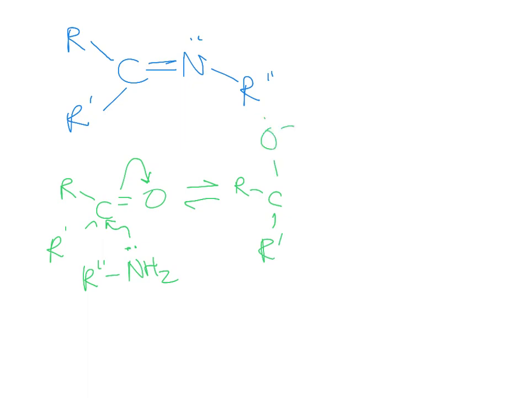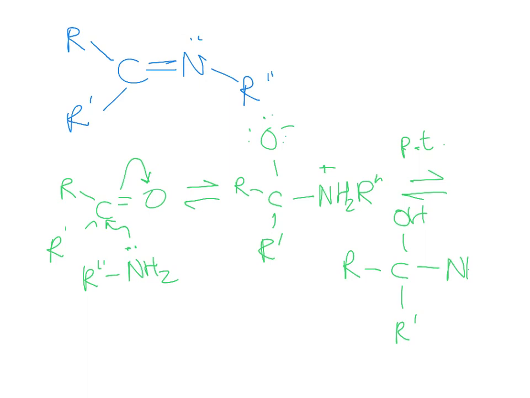You've got your O minus up here, and your NH2R prime plus. You're going to do a proton transfer, and so the proton is going to transfer from the nitrogen to the oxygen, and you end up with your intermediate that looks like this. OH, NHR double prime. Now that we have our carbinolamine, we can react that.